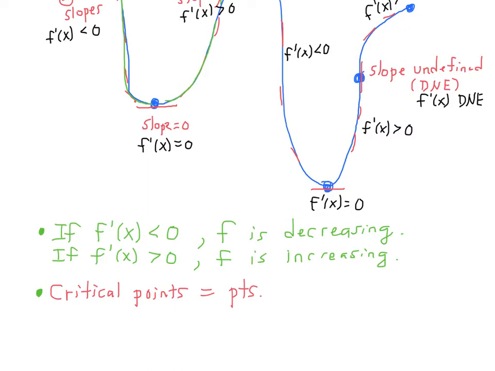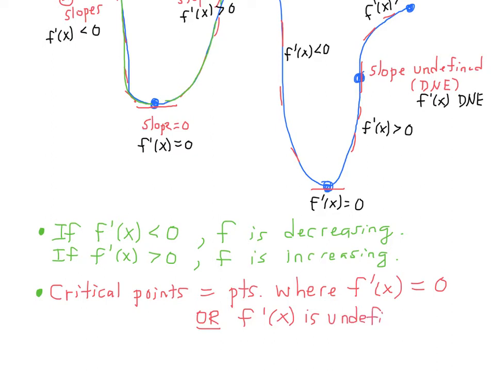So you have to know that these are points where f prime of x, your first derivative, is equal to 0, or where f prime of x is undefined. In other words, it does not exist.